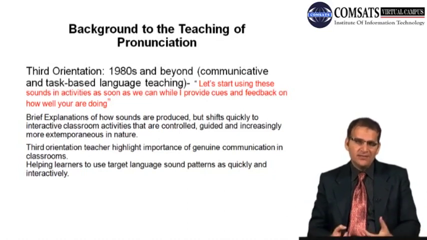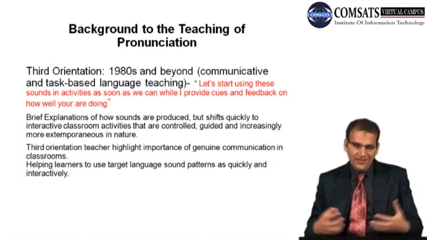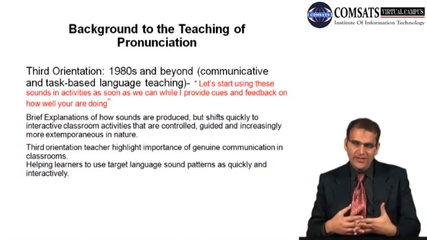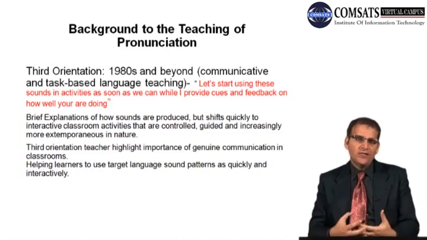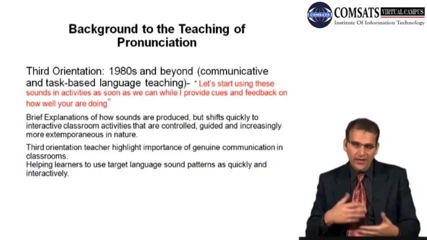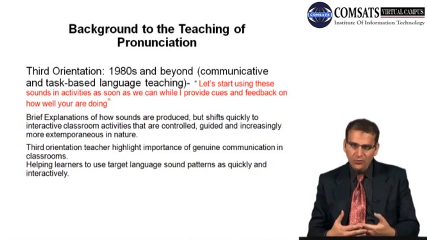Let's talk about mutton. Let's talk about cotton. Let's talk about what? Ourselves. See? So what is it? In communicative language, we use those sounds in interaction. I hope you understand.